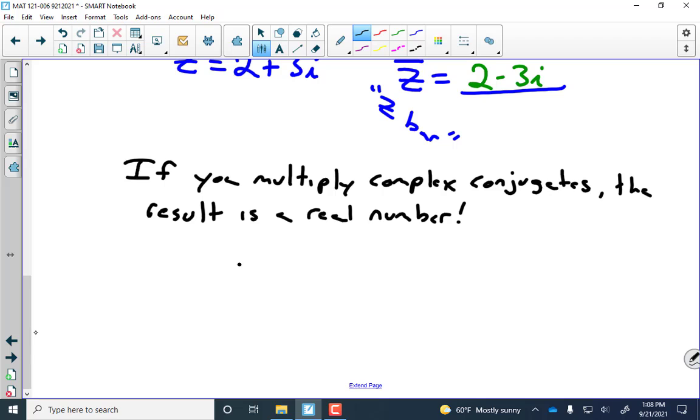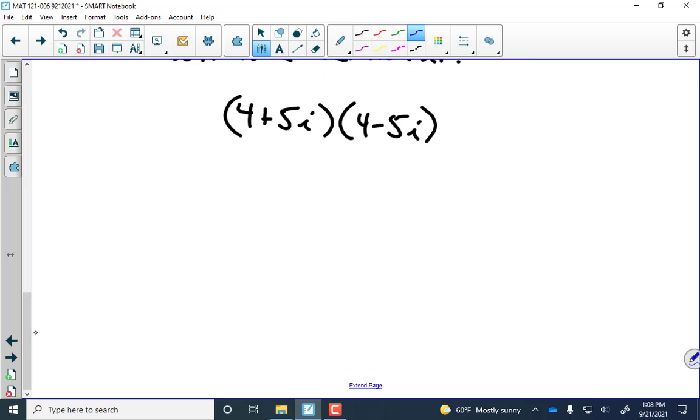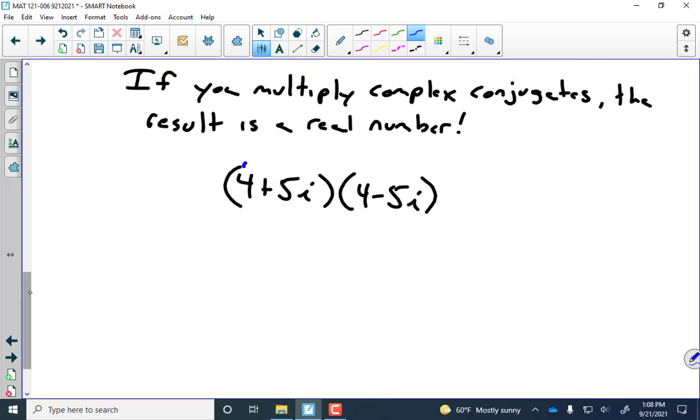Well, the complex conjugate of 4 plus 5i would be 4 minus 5i. And according to what I just said, if I multiply those two numbers together, I'm supposed to get a real result. Not zero. I'm not talking about zeros right now. I'm just talking about getting a real number.